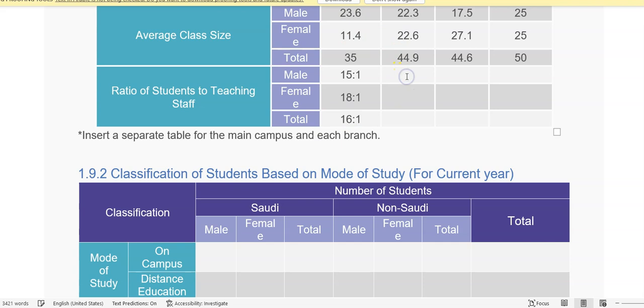So you can write here the ratio. And you have here at expected, I think expected should be within the normal.